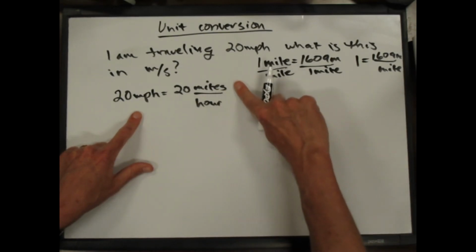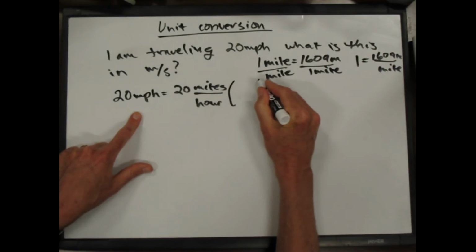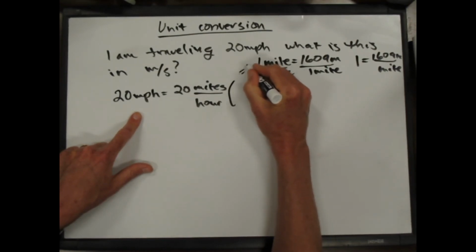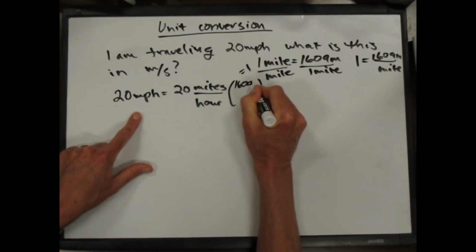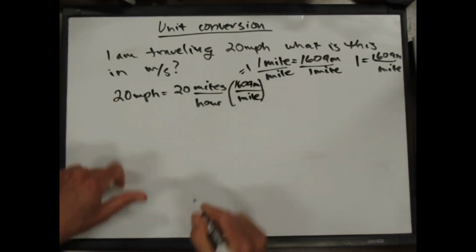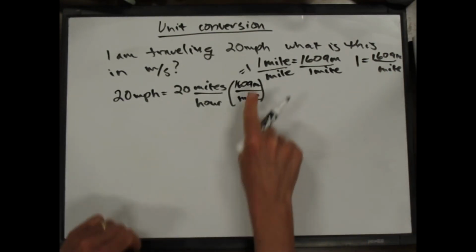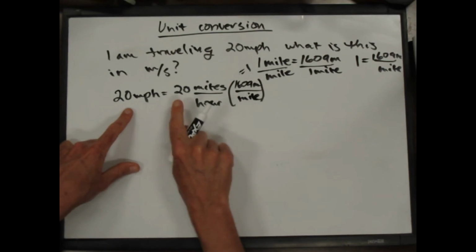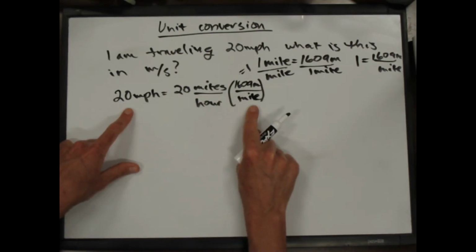I have to multiply it by something that's equal to 1, so I take 1609 meters over 1 mile. I know those two things are equal, so this is equal to 1. The equality has not been changed because I've multiplied by 1.